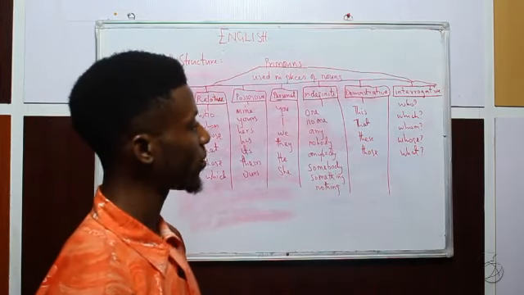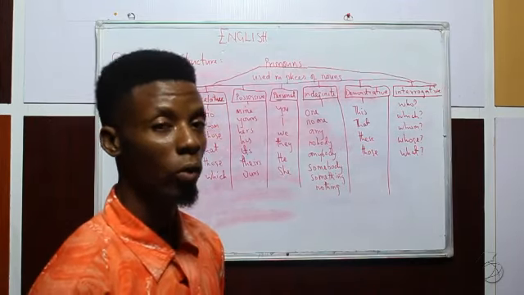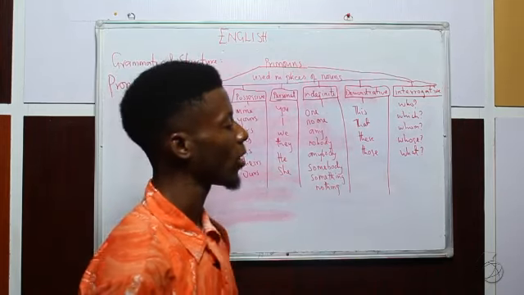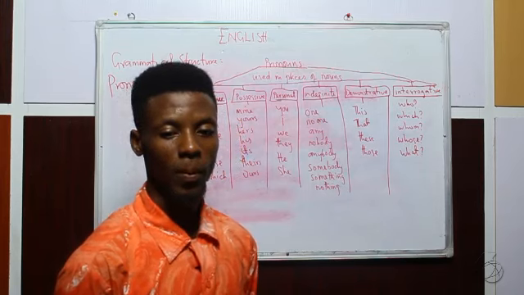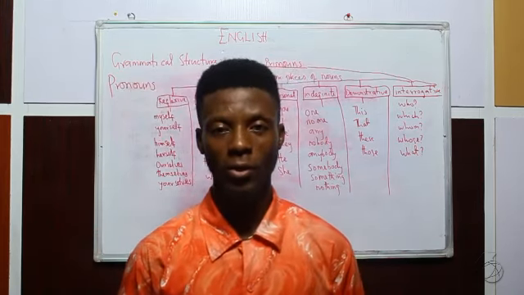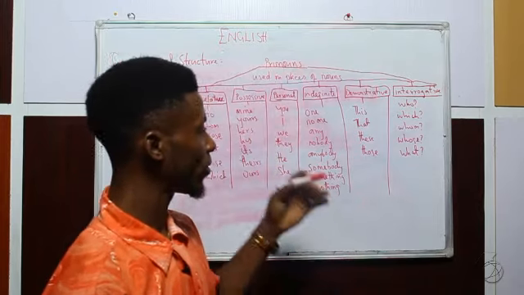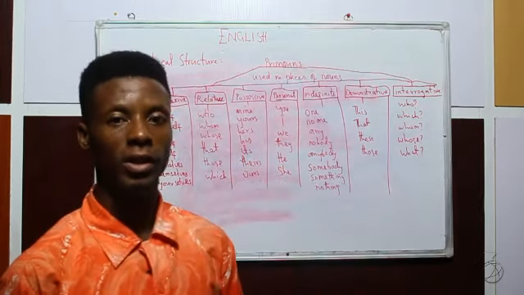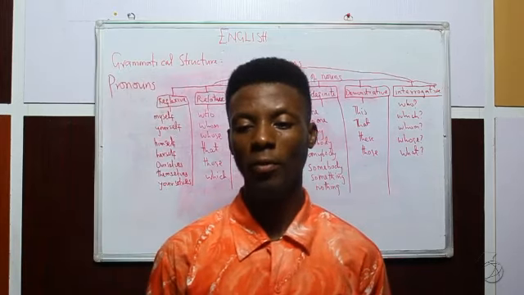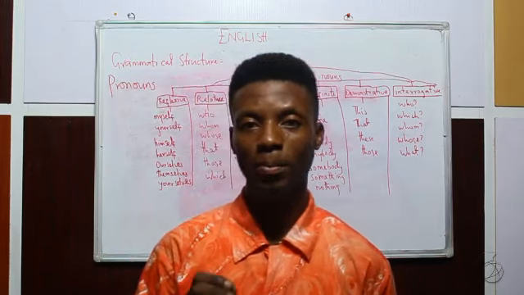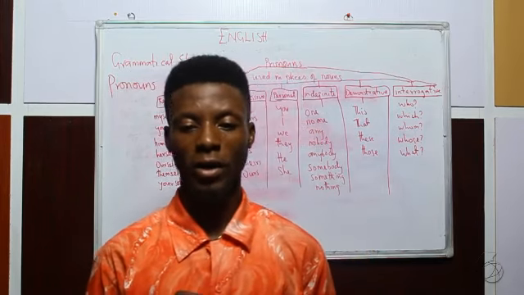And under interrogative pronouns, we have who, which, whom, whose, what. As we go on discussing pronouns, we are going to see how these kinds or classes of pronouns are used in sentences. But before then, let us quickly discuss the numbers of pronouns that we have.